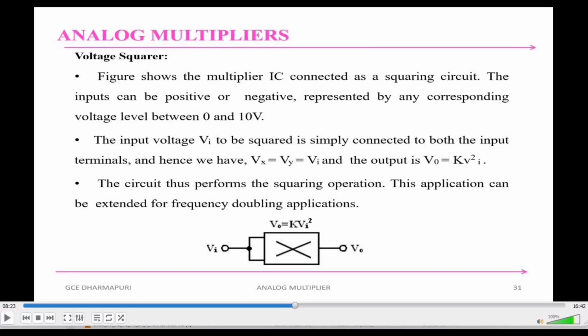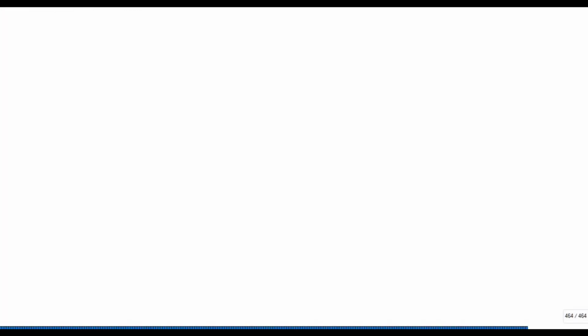So, we know this is the symbol of a multiplier IC. If both the signals are the same, you will get V naught is equal to K into Vi square. Previously, if you see the multiplier, if both the inputs are different, you will get V naught is equal to K into Vx and Vy. These two are my inputs, right?